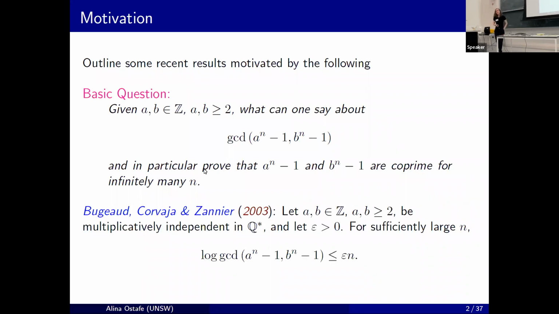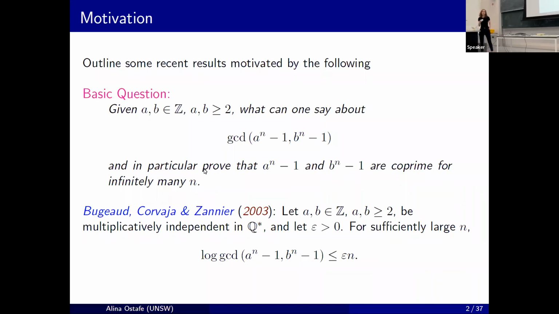The first result in this direction was given by Bugeaud, Corvaja and Zannier in 2003, who proved that if a, b are multiplicatively independent, and I will formally define what this means, they don't satisfy a multiplicative relation, and let epsilon be bigger than 0, then for sufficiently large n, the logarithm of the GCD of a to the n minus 1 and b to the n minus 1 is at most epsilon n.